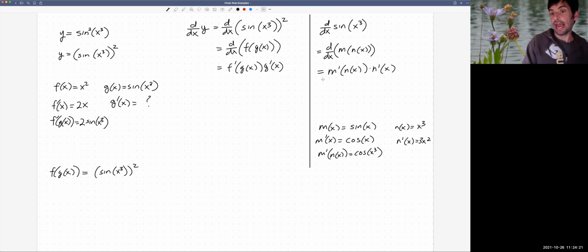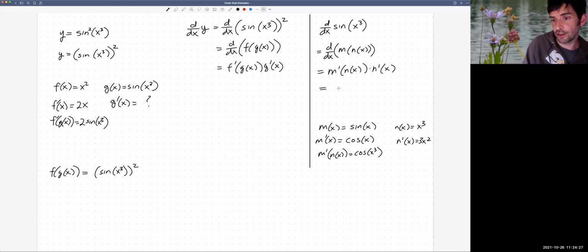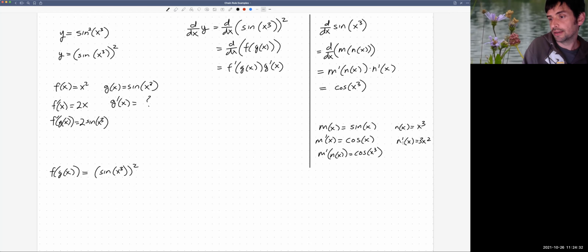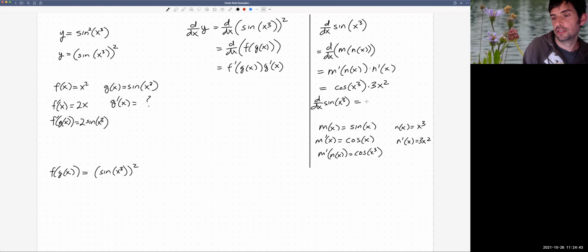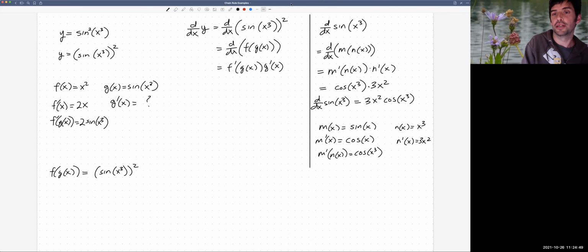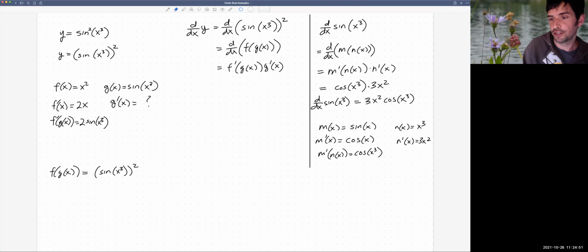Okay. And so let's put everything in its place. M prime of n of x is cosine of x cubed. N prime of x is 3x squared. So the derivative of sine of x cubed is, I'm going to write this as 3x squared cosine of x cubed. Actually, no, I'm going to write it as written for now.